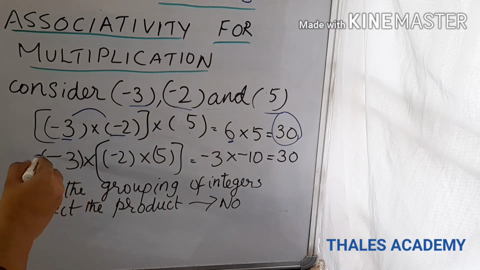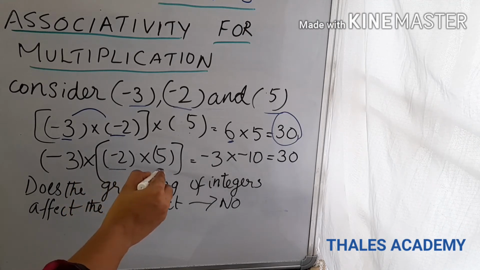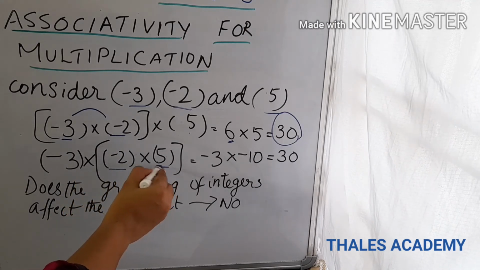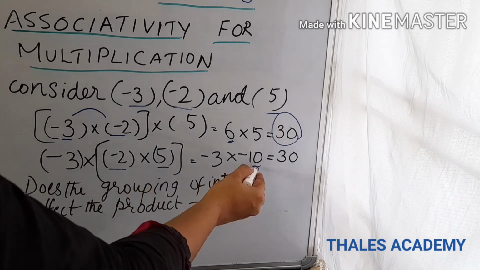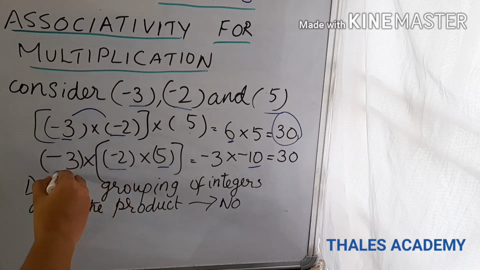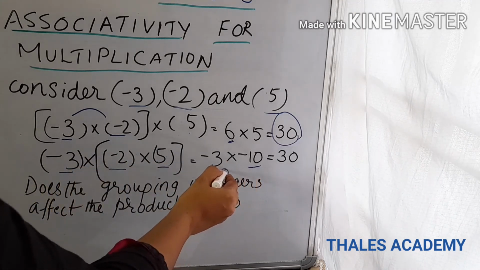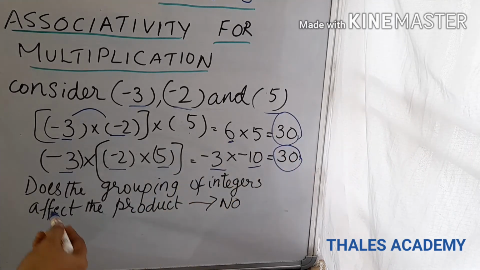Next, we group the integers minus 2 and 5. The product is minus 10. We multiply minus 10 into minus 3. The result is 30. Does the grouping of integers affect the product?